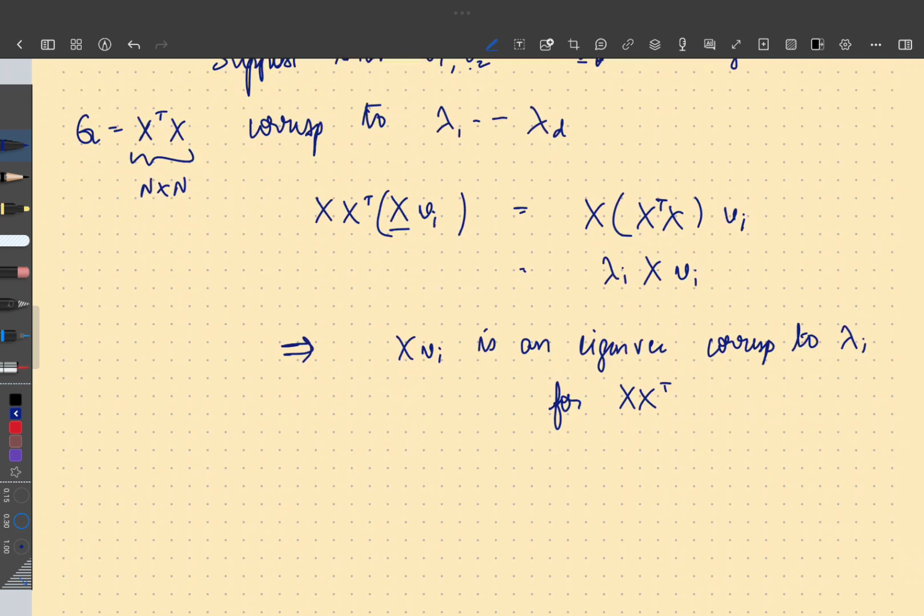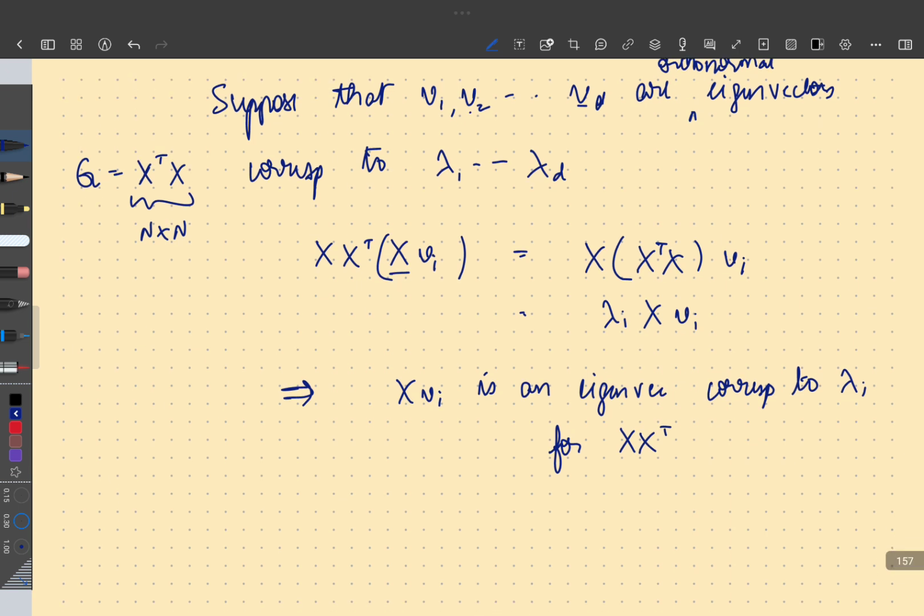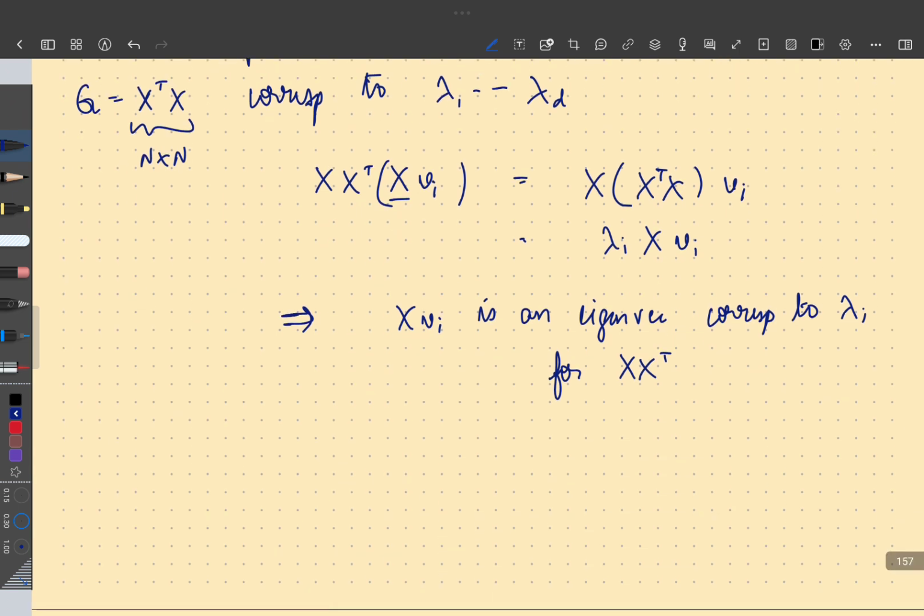And what about if I take any i, j for i not equal to j? Suppose that V1 through Vd are orthonormal. What about X Vi transpose X Vj? So you take two different eigenvectors, X Vi and X Vj.